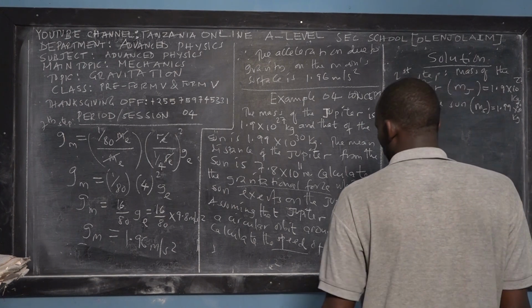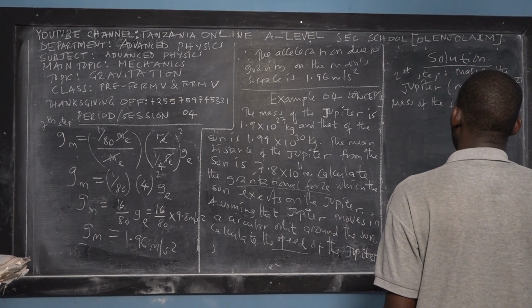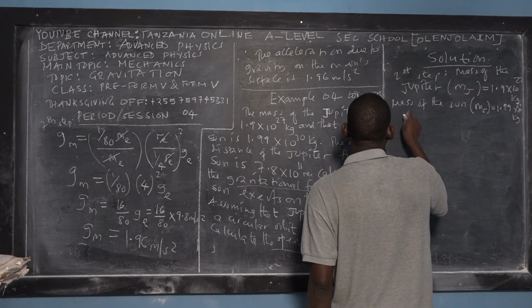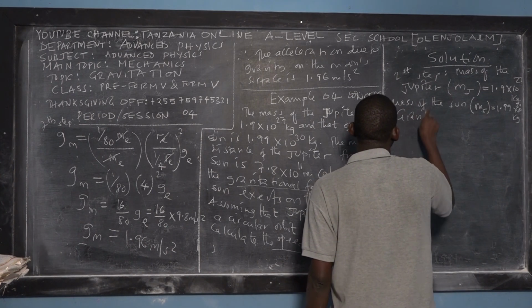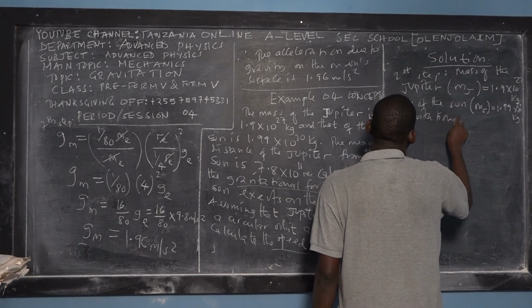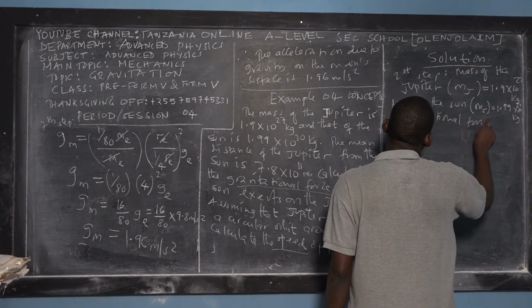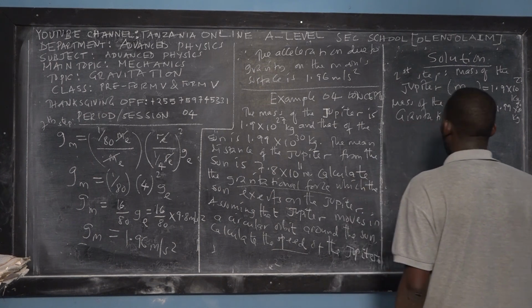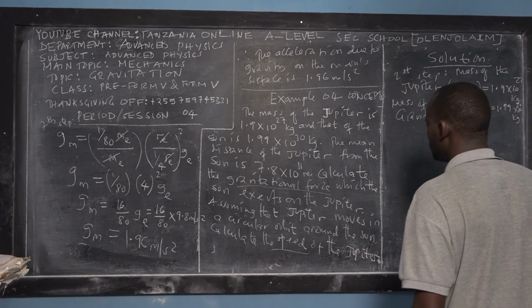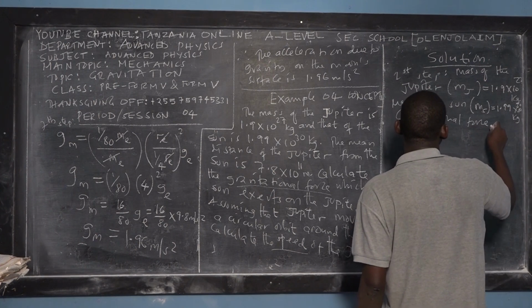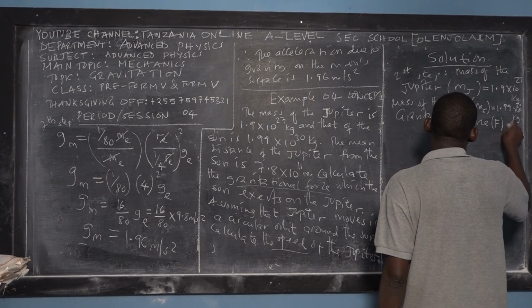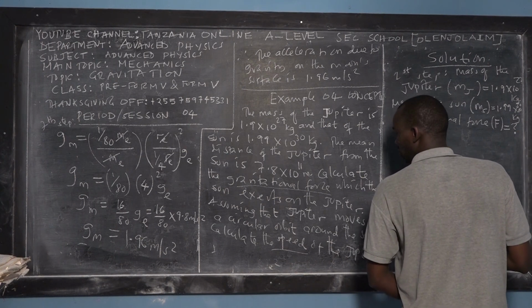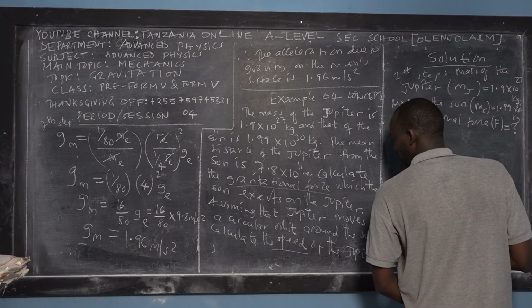So before we go for the speed, those are the details, then we have to find the gravitational force. How do you find this gravitational force? That's the question. The force which the Sun exerts on Jupiter.